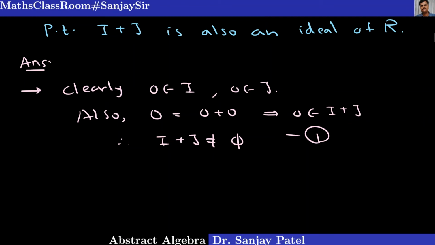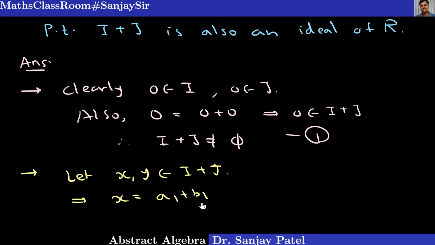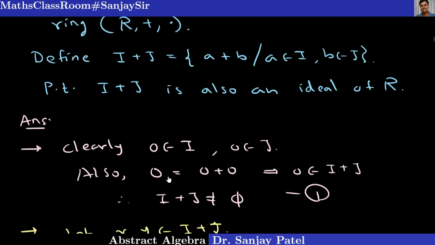Now the second condition is that it is a subgroup. I plus J is a subgroup. Say if you take x and y belonging to I plus J, then I can write x in the form, say, a1 plus b1, and y is also of the form a2 plus b2, where a1, a2 belong to I and b1, b2 belong to J by the definition of I plus J. So what is I plus J?